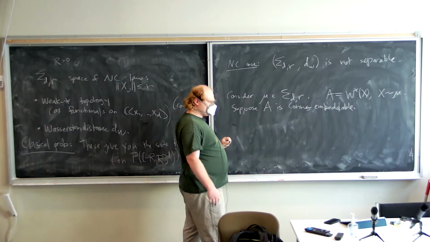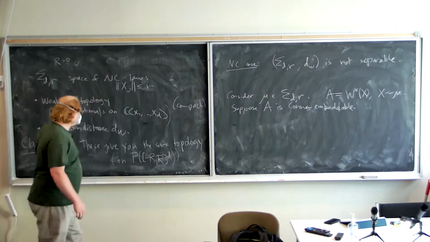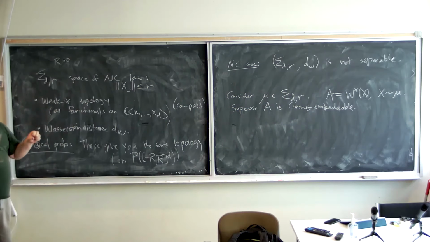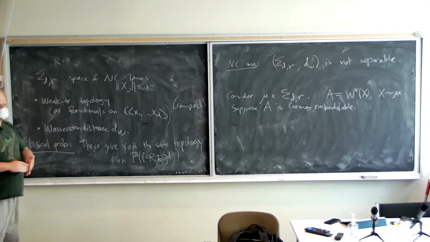Anyway, now we're taking a law. And so I could ask a finer question about the topologies agreeing at a point, right? Agreeing at a point means that convergence to mu in the one topology is the same as convergence to mu in the other topology.